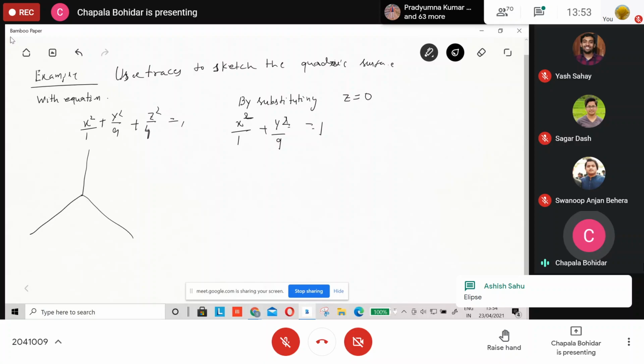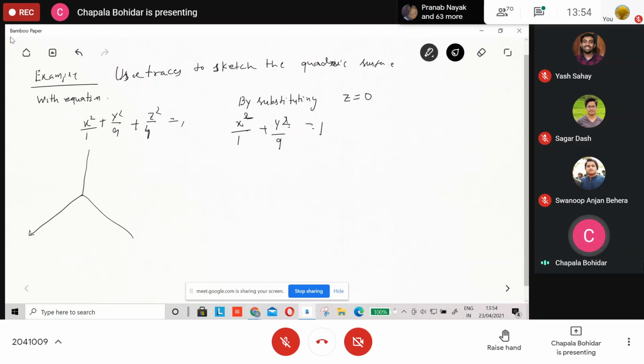It lies in the xy plane. It is x, it is y, and it is z.